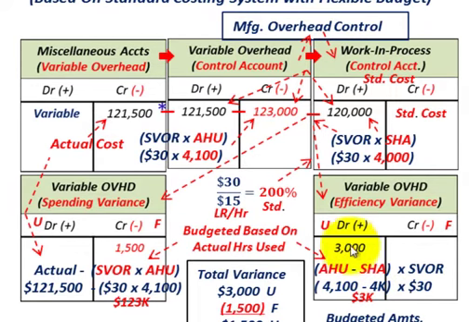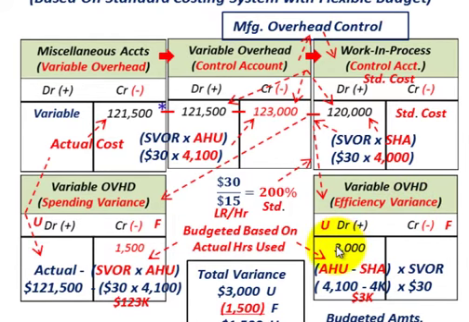We debit that account for $3,000, and it's an unfavorable amount. Anytime you debit a variance it's unfavorable, and when you credit it, it's favorable. That's simply because we're over budget: we used 4,100 hours and were only allowed 4,000, so we had 100 extra hours times the $30 rate, $3,000. That gives us our variable overhead efficiency variance, and it's unfavorable.